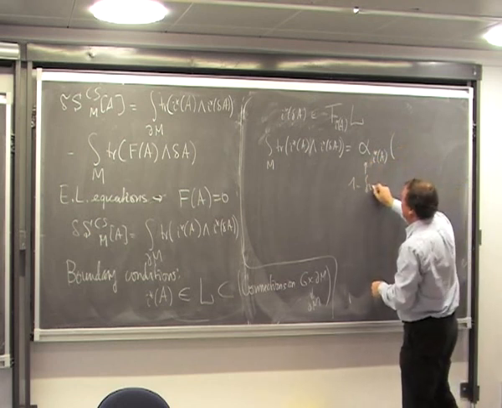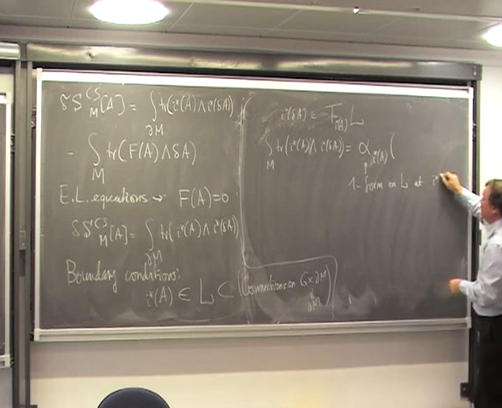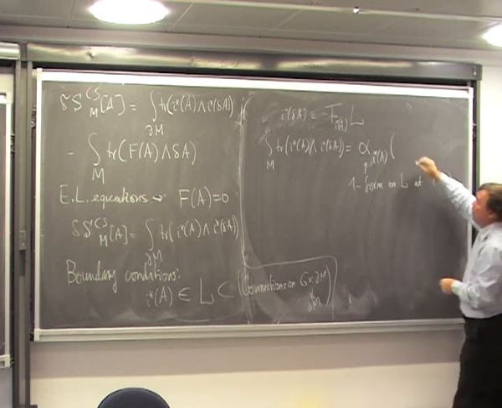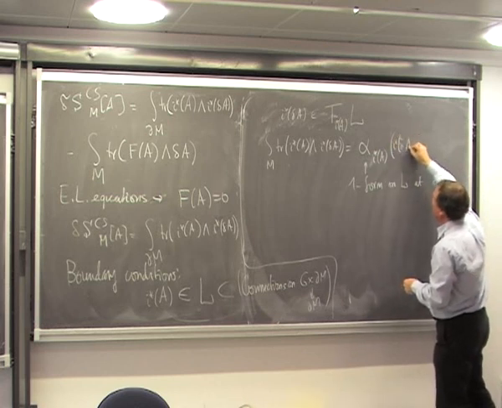This is the one-form on L at this point, on the tangent vector delta i star delta A.